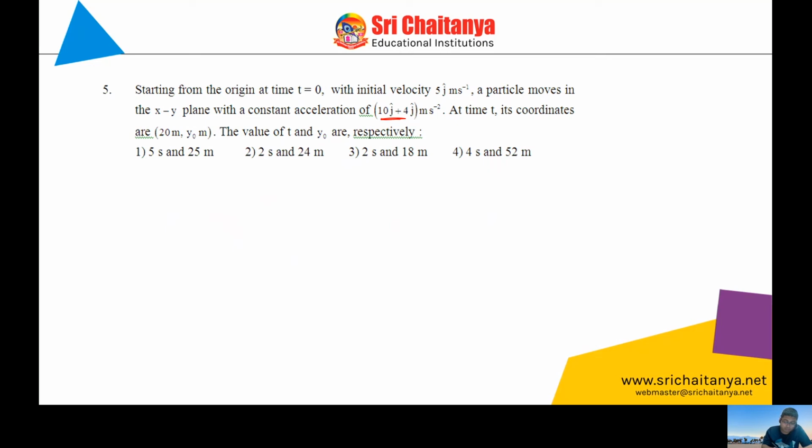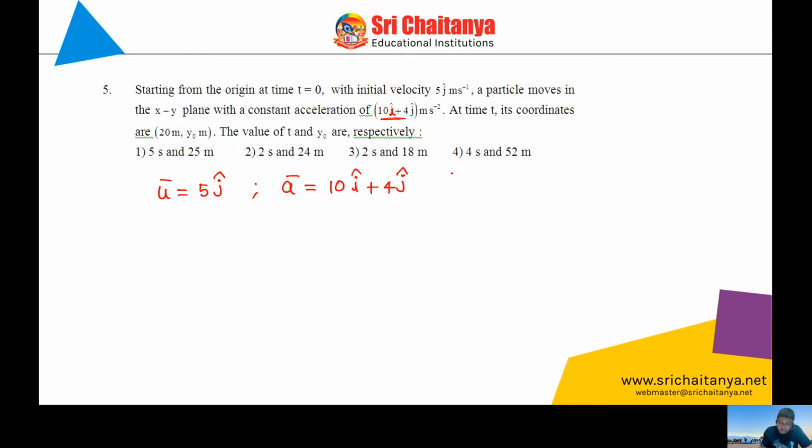So first of all, the initial velocity is given to us, u bar is 5 j cap, and apart from that acceleration is given to us, and that is 10 i cap plus 4 j cap.